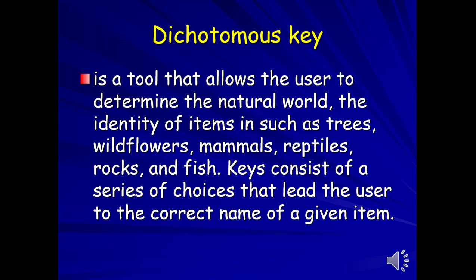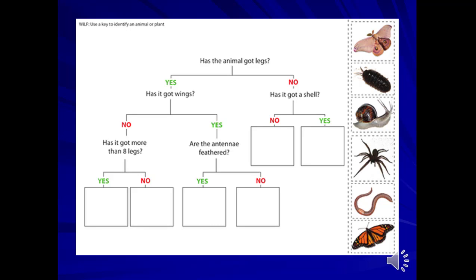Keys consist of a series of choices that lead the user to the correct name of a given item. For example, here I am given 6 organisms and asked to use the dichotomous key to identify an animal or plant.